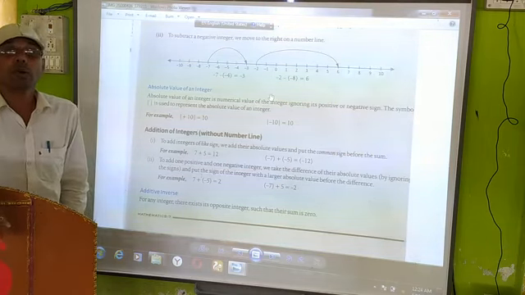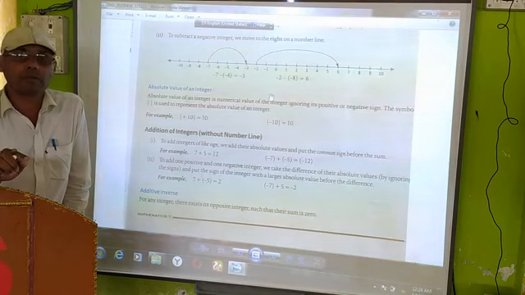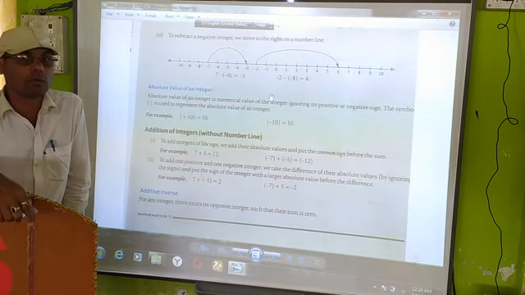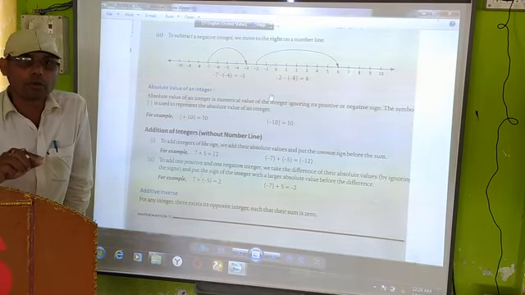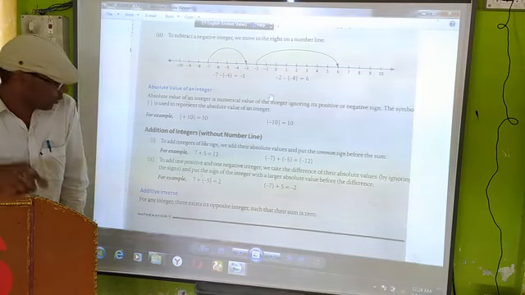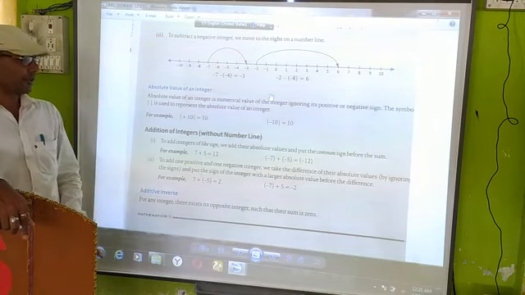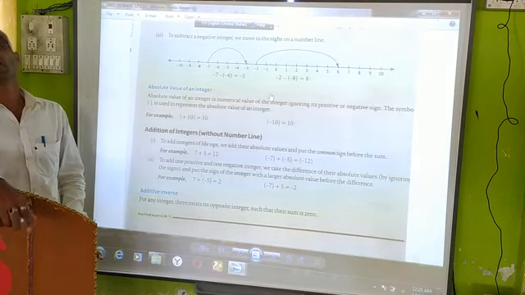Say how? -3 plus 3. What will be its result? 0. +4 and -4. What will be its result? 0. So for any integer, there exists its opposite integer such that their sum is 0.